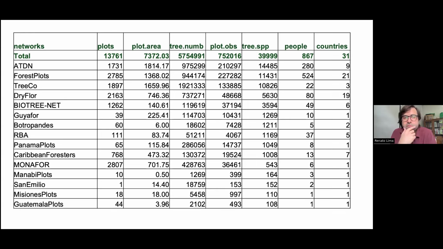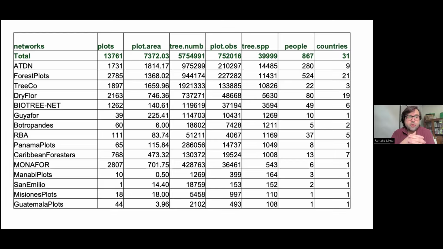And those are the numbers of people from all the networks we gathered. There are some networks that have really a large number of people. They have different rules as well in terms of data access. So we try to adapt to the realities, to the size, and to the data sharing rules and agreements from all of those networks as well.